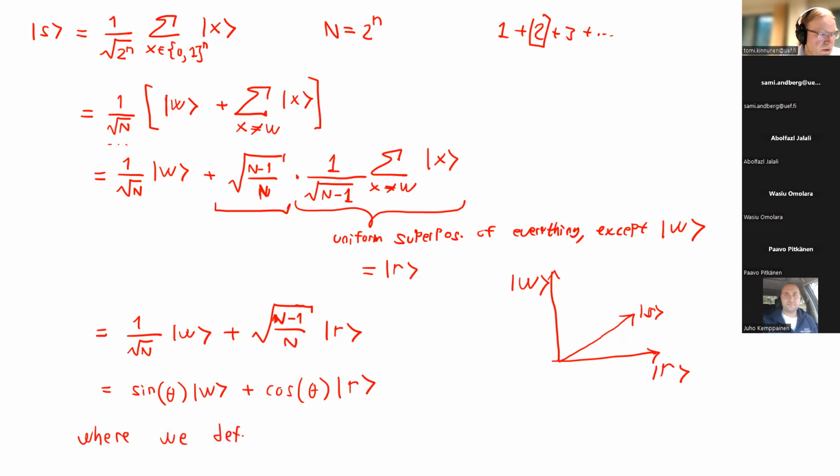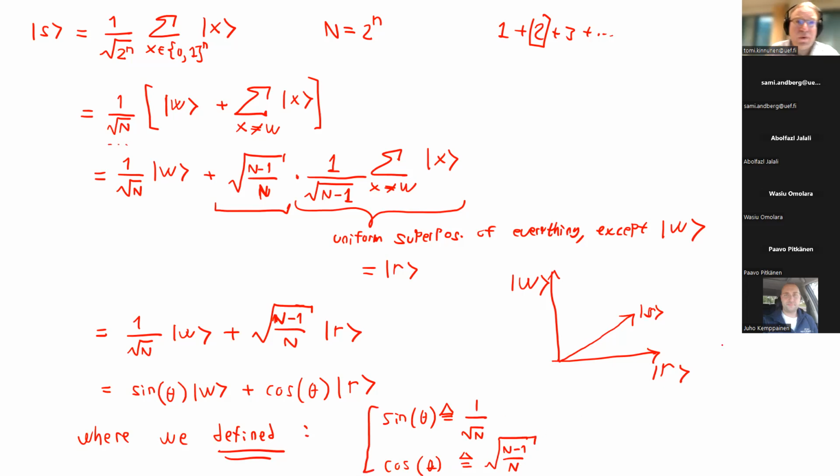We agree that sine of theta in this case is going to be 1 over square root of N, and cosine of theta is defined as square root of (N minus 1) over N. Once again we seem to be back to talking about angles. I know I promised in the Bloch sphere lecture that we are not going to be returning to this, but it seems here it's actually useful.